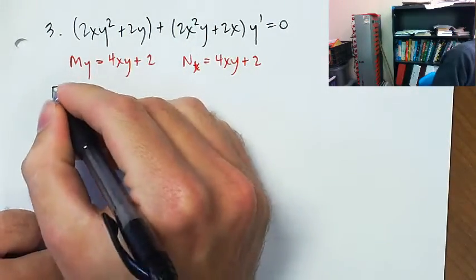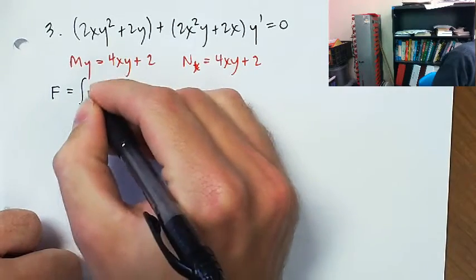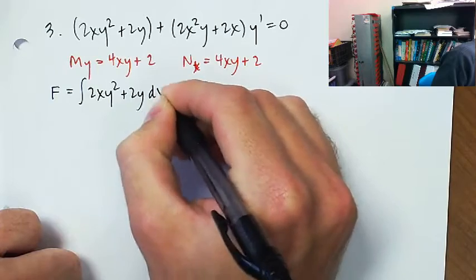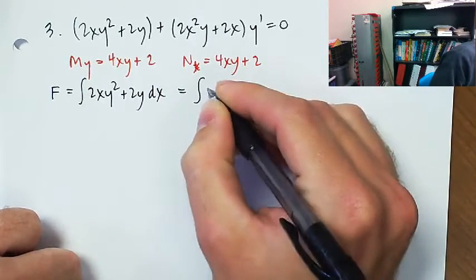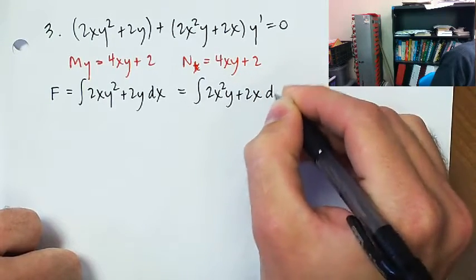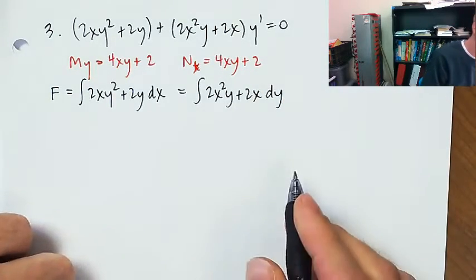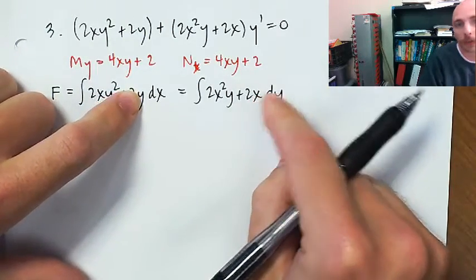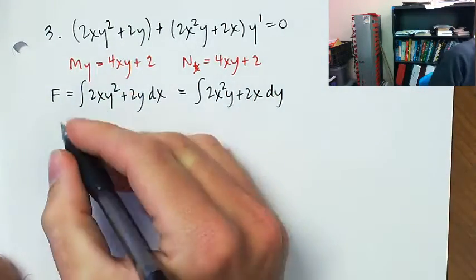So I know my solution is f, which is an antiderivative for 2xy to the 2 plus 2y with respect to x, and is also an antiderivative for 2x squared y plus 2x with respect to y. I can see that already this is going to incur a 2xy, and that's also going to incur a 2xy, so that's a good sign.